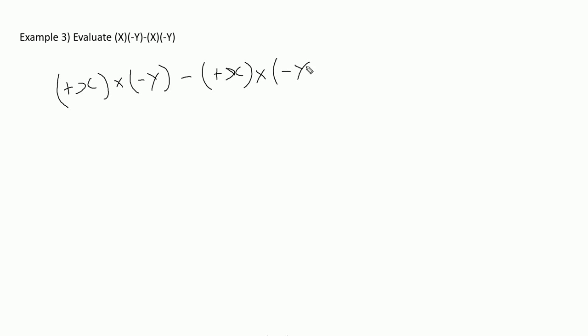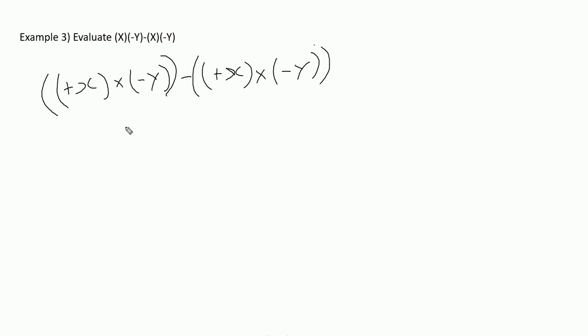And now it's important here to remember your BODMAS rule, which states that multiplications must happen before minus signs. So we perform these sums inside these brackets before performing this minus here.